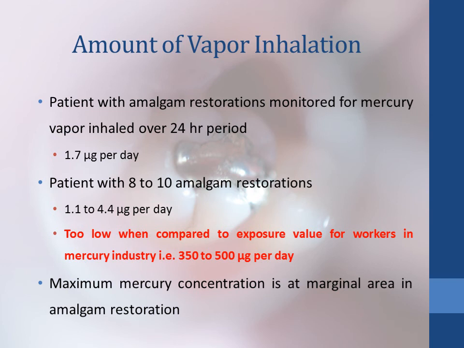The maximum mercury concentration in a filling is at the marginal areas in an amalgam restoration, where the corrosion products are also present.